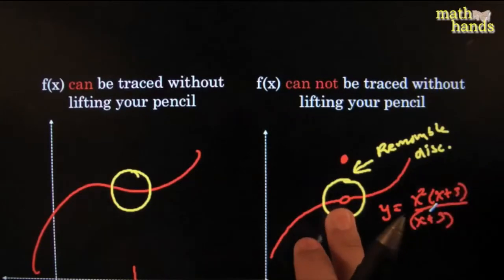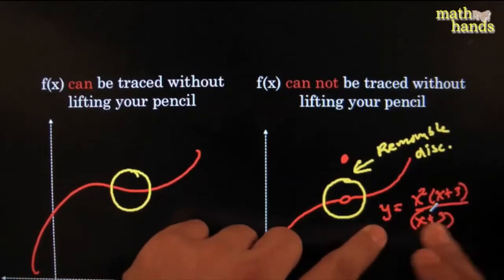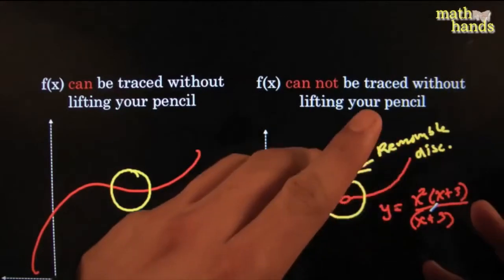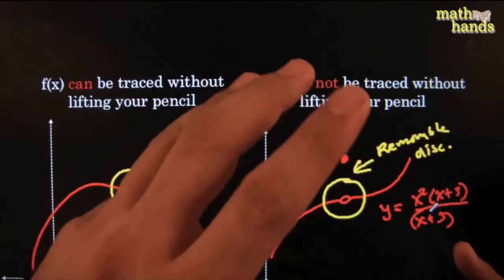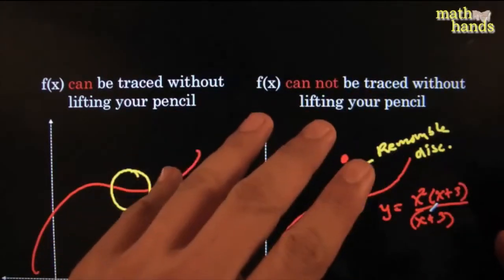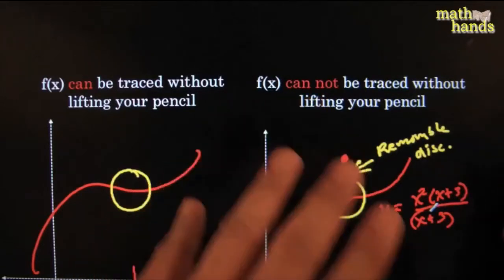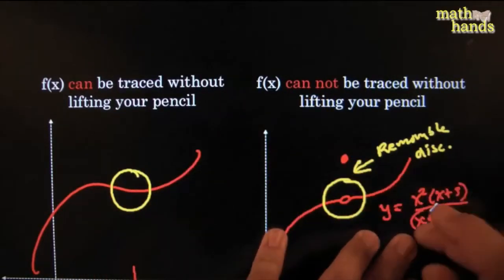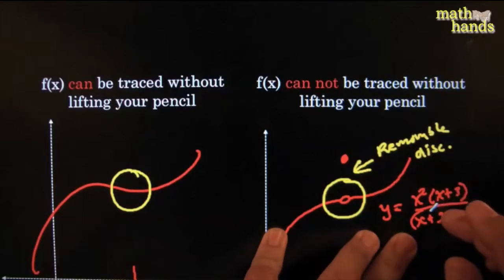And algebraically, what that looks like is possibly something like this. Let me erase that. Algebraically, what that could look like would be something like this.